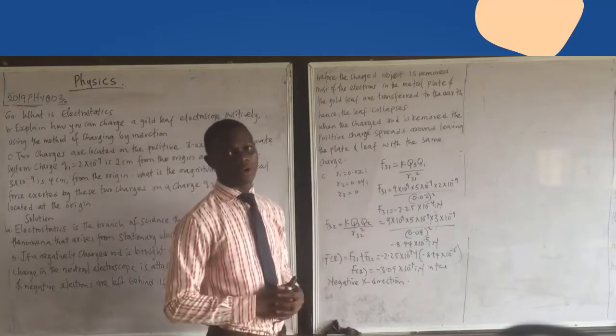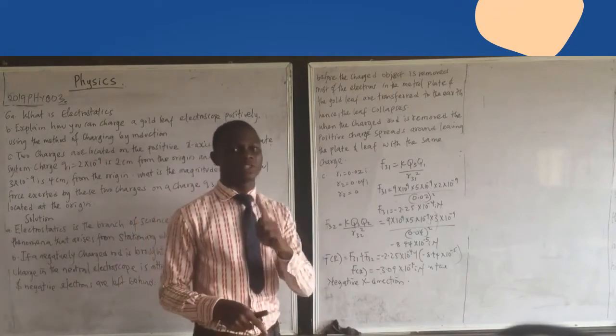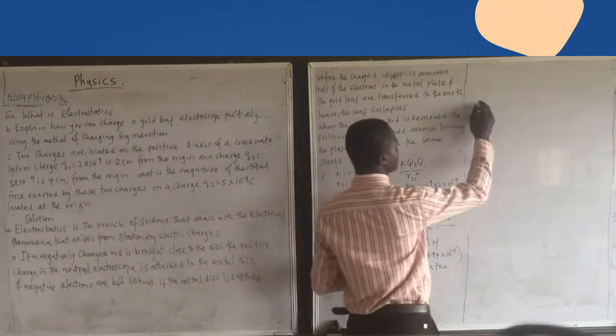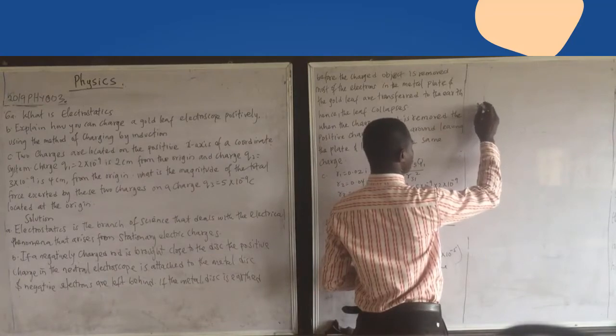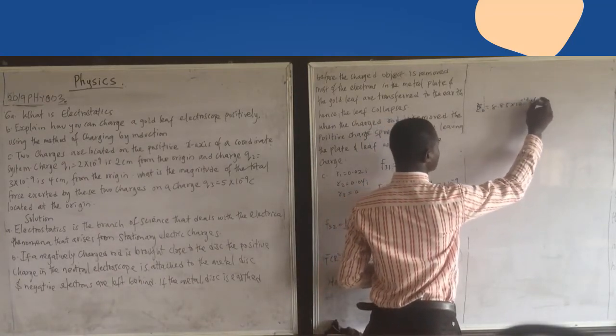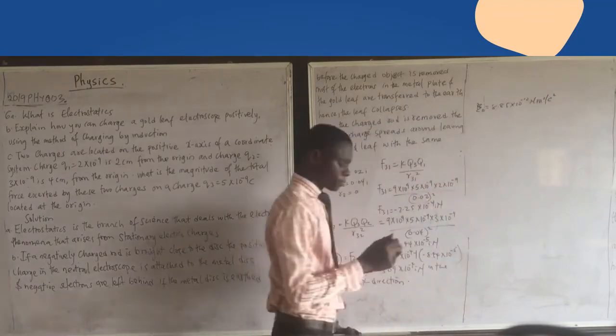But K is a constant, which is 1 over 4 pi epsilon naught. Epsilon naught is your permittivity of free space, which is 8.85 times 10 raised to the power minus 12 Newton meter square per Coulomb square.